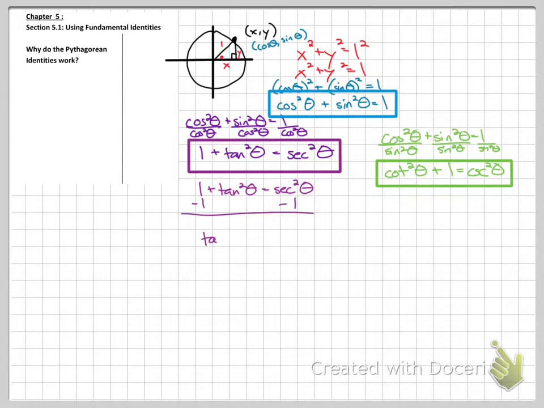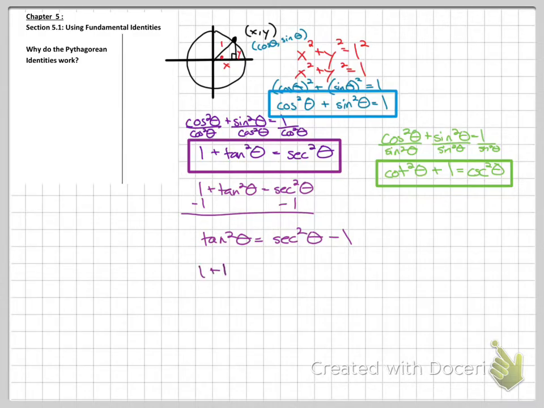This is also an identity that might be helpful. So if you ever had tangent squared by itself, you could replace it with secant squared theta minus 1. Or more likely, you would have secant squared theta minus 1, and you could replace it with the much more simplified tan squared.